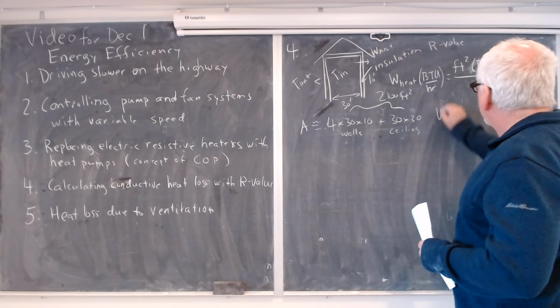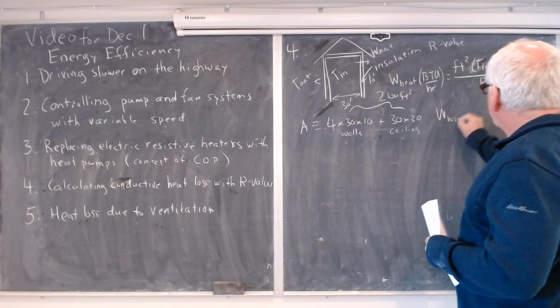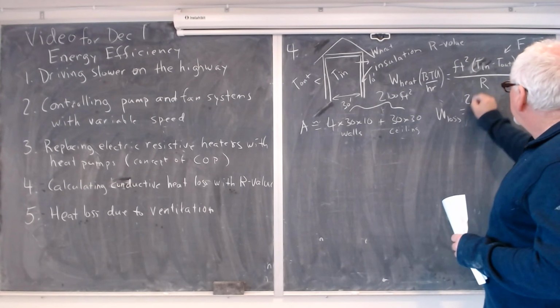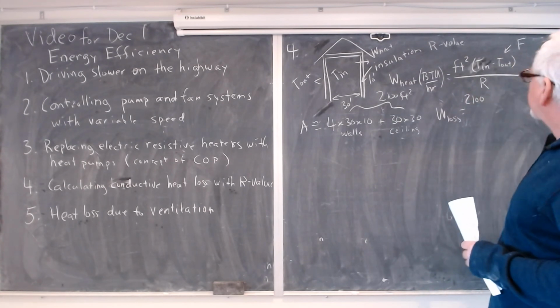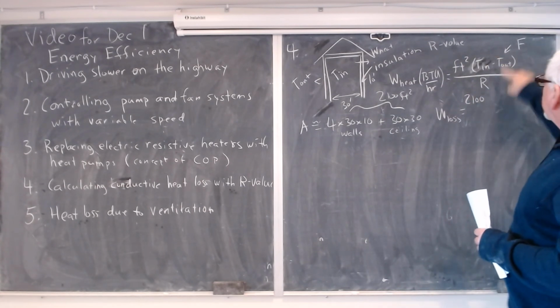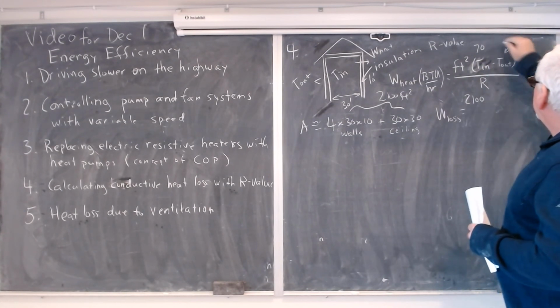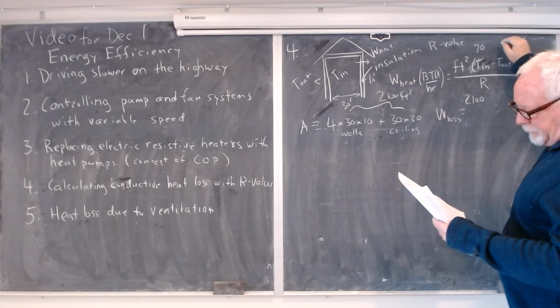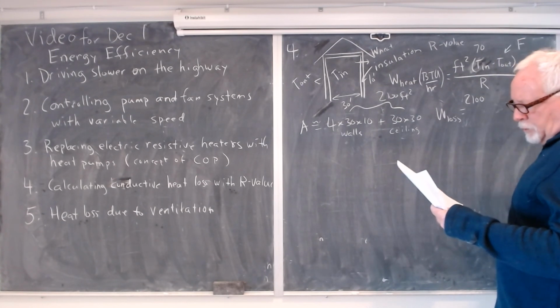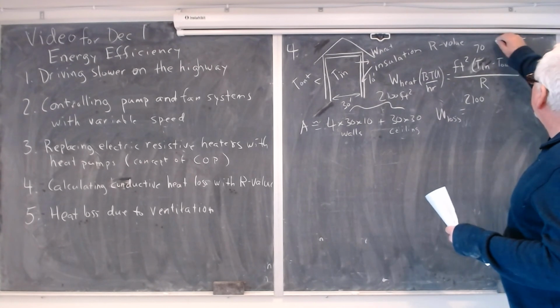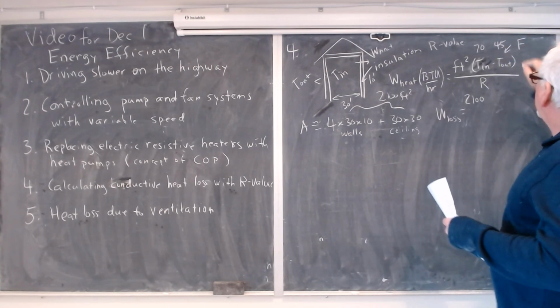And so your heat loss in BTU for this situation, if I have 2100, and let's say this is 70 on average, and the outside, let me use 45.